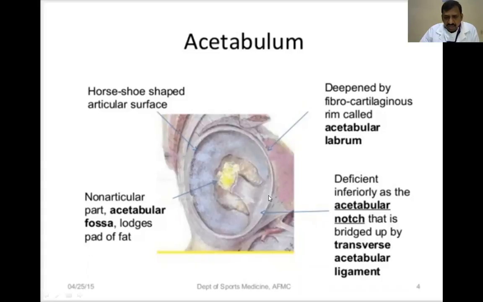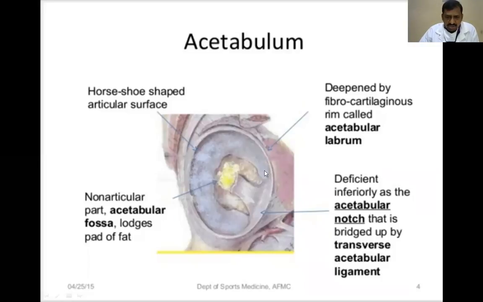Here there is no cartilaginous part, only fibrous part. But the labrum is fibrocartilaginous, while the transverse acetabular ligament is only fibrous. There is no cartilaginous tissue in it.